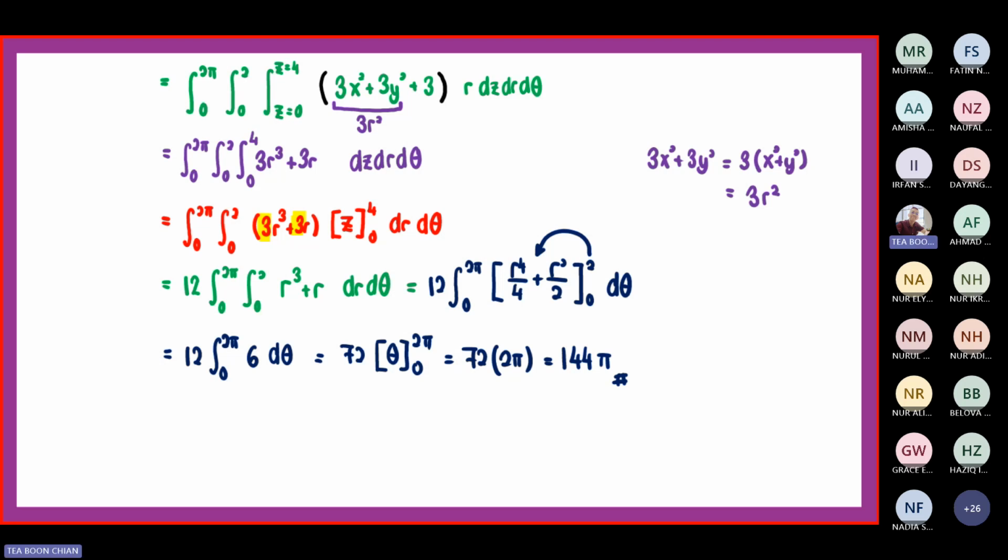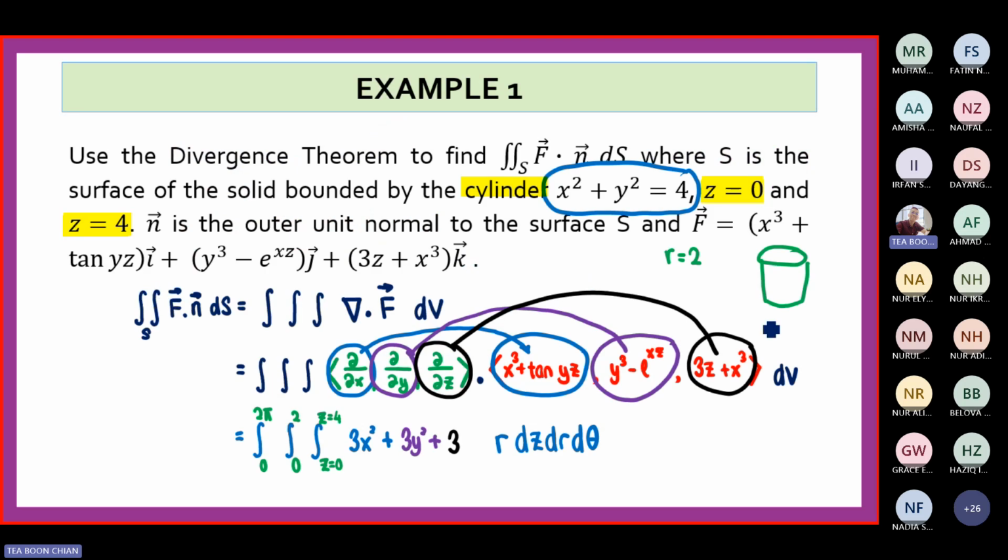Okay. After this, if you have free time, just simply test yourself. If you do not want to use divergence theorem, instead, you want to evaluate surface, cylinder up and cylinder down surface one by one. See whether you get 144 pi later.